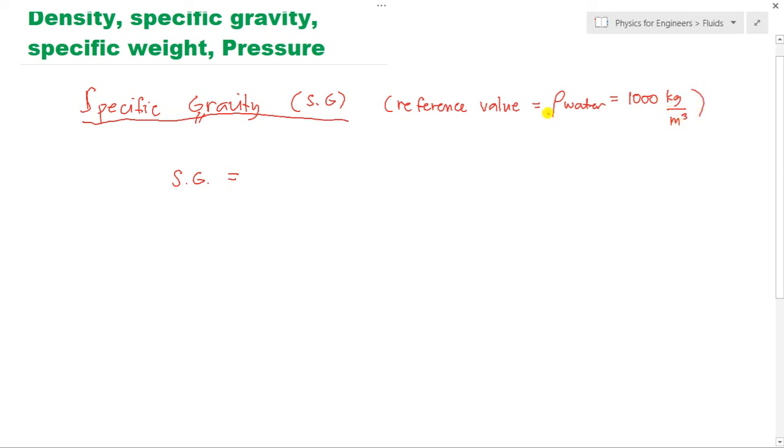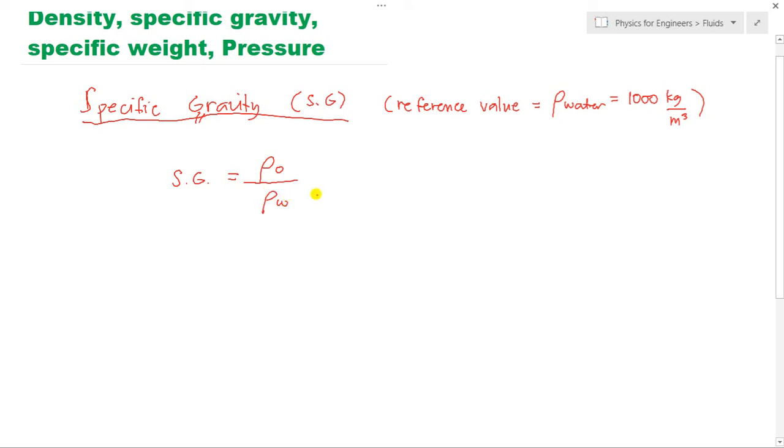So that is our standard of comparison with the other objects. So specific gravity is just the ratio of the density of any object, whether it is solid, other liquids, or other gases, with respect to the density of the water.